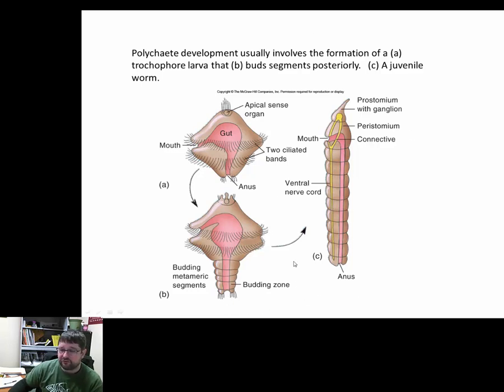In some cases you just have a juvenile worm. Sometimes the trochophore larva just develops into a juvenile worm, and in some organisms it develops from egg straight to juvenile worm, and the trochophore larva stage is skipped.